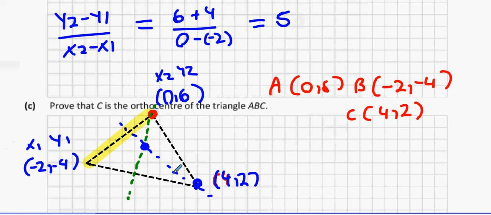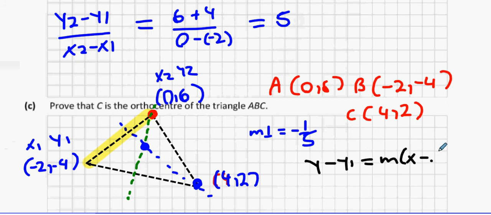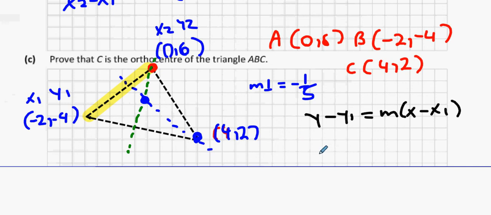Therefore, what's the slope of the blue line? It has to be perpendicular: -1/5. You're going to throw it into the equation of the line formula to get the equation of the dotted blue line. What point does the dotted blue line go through? (4, 2).